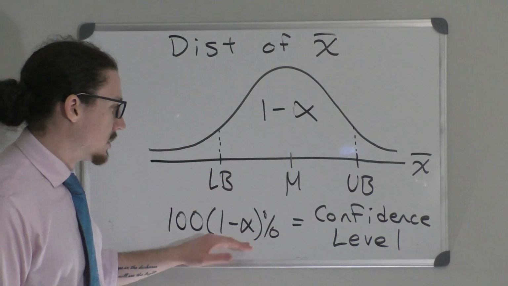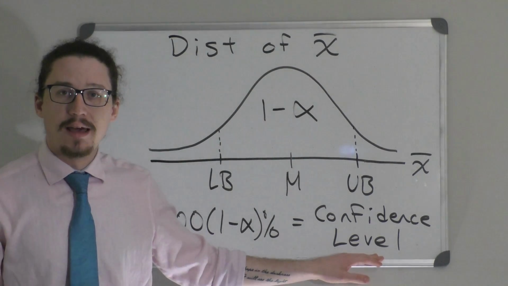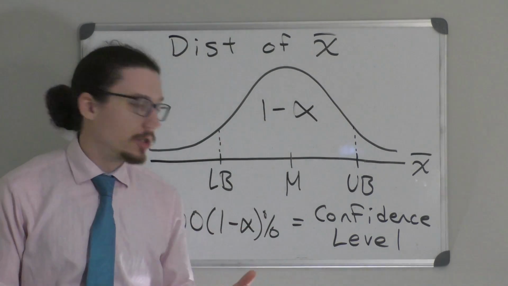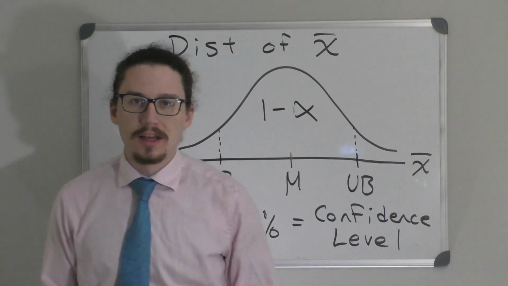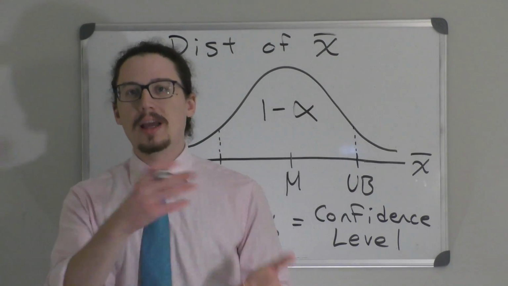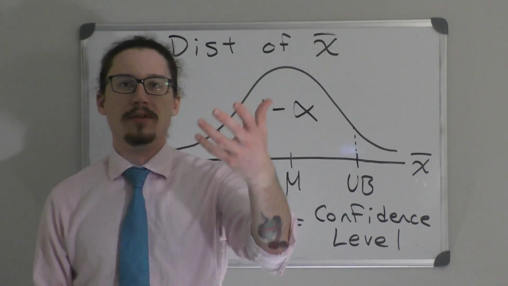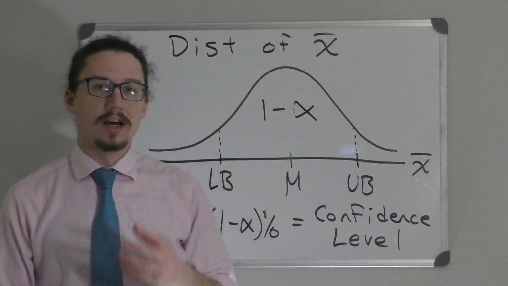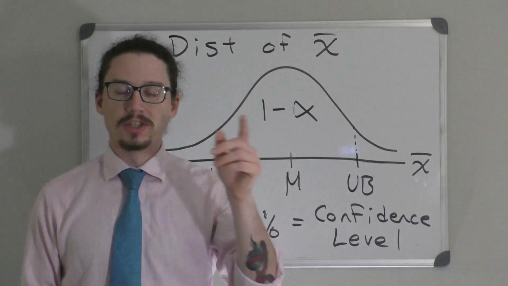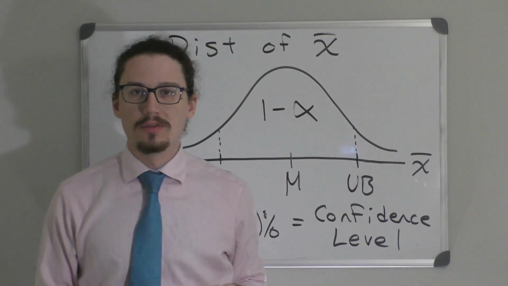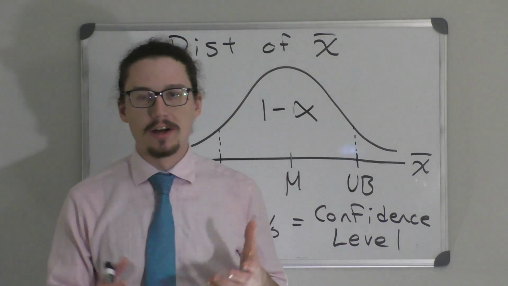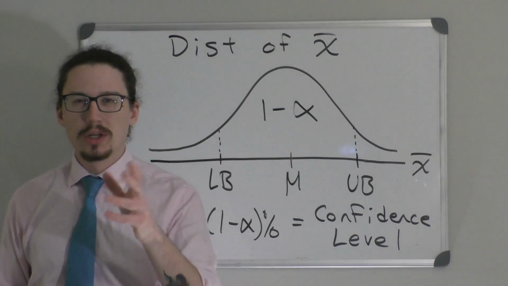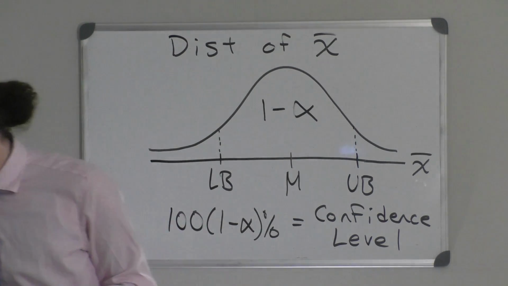But what it does give you is a way to find your confidence level. So 100 times 1 minus alpha percent, that's your confidence level. And so you can kind of reverse engineer that, right? Whatever the percentage is for your confidence level, 1 minus alpha is just moving the decimal places over a couple of spots to make it a decimal value instead of a whole number. All right, but that is our confidence level. We're going to talk a little bit more about that in a moment.